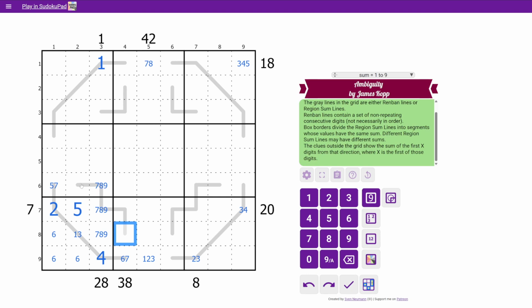Because no matter which way you start from, well, sorry, I know it's not a... Oh wait, I don't know that at all, do I? This could be 8 or 9. This could be 7, 2, or 8, 1. It could still be a region sum. What am I on about?